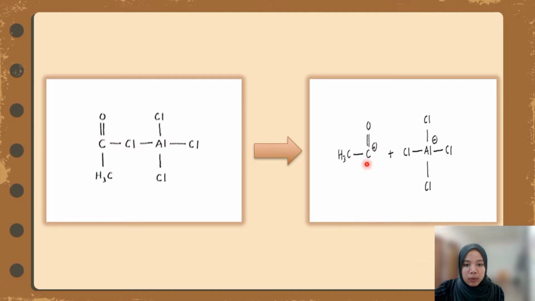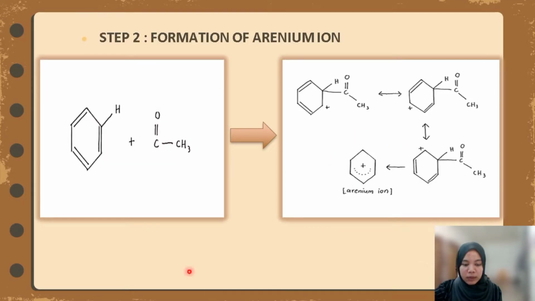So it will be the acylium ion here plus the chloride with the catalyst. The chloride attached to the catalyst, which is aluminum chloride, and it will produce aluminum tetrachloride. The chlorine leaves the acylium ion here. It is the electrophile.